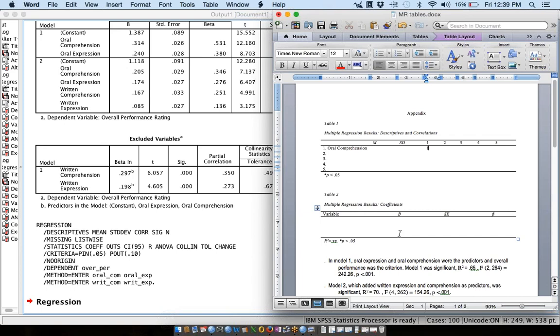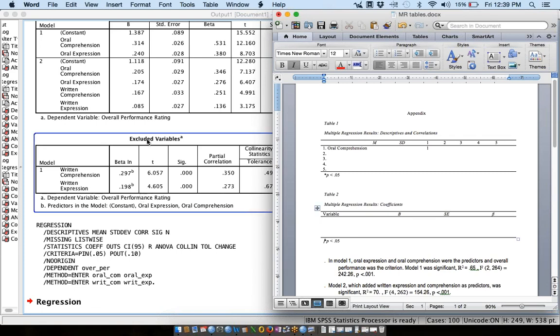And this is your little b, and this is your standard error, and this is your big B. I would remove the R square. You do have to flag your significant variables, and I believe they're all at 0.01. And then shrink these columns.